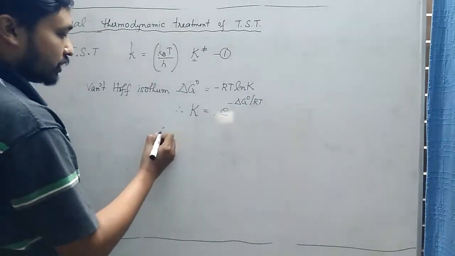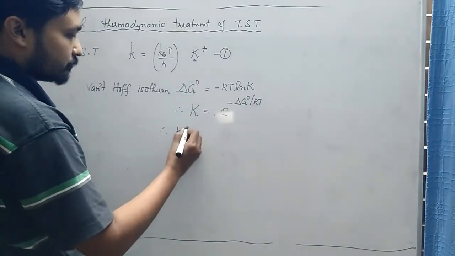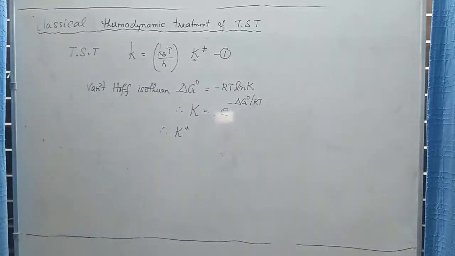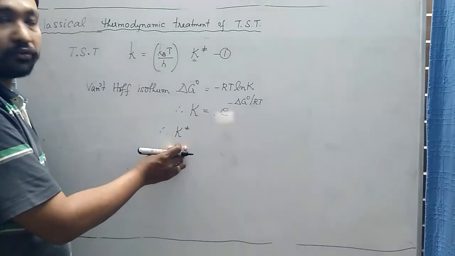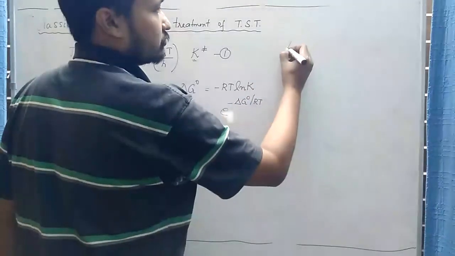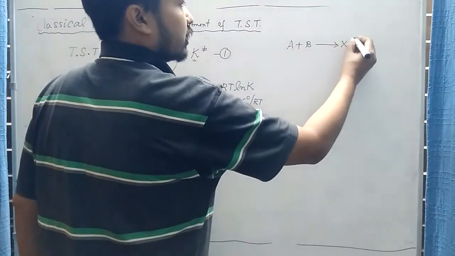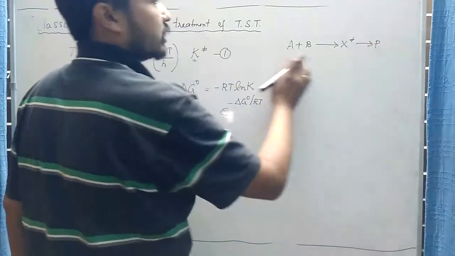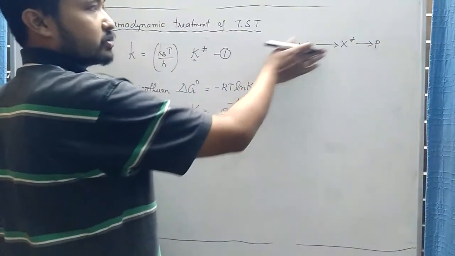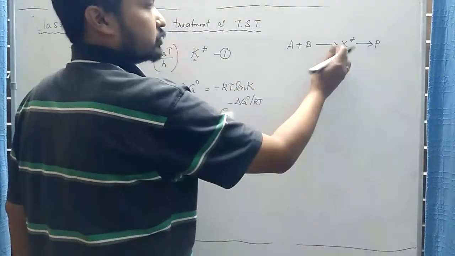So how can you write K dagger? K dagger is not the equilibrium constant for the entire reaction, it is the equilibrium constant for the formation of the activated complex. According to transition state theory, the reactants first form the activated complex and then it forms product.